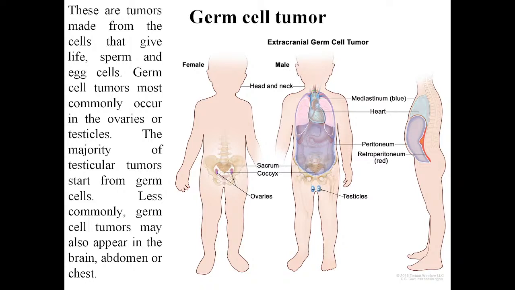The majority of testicular tumors start from the germ cells. Less commonly, germ cell tumors may also appear in the brain, abdomen, or chest. In this slide you can see the organs with the germ cells: ovaries, you can see ovaries in here, and testicles.